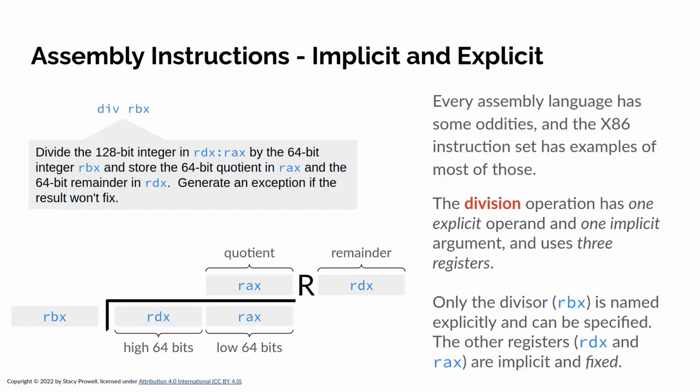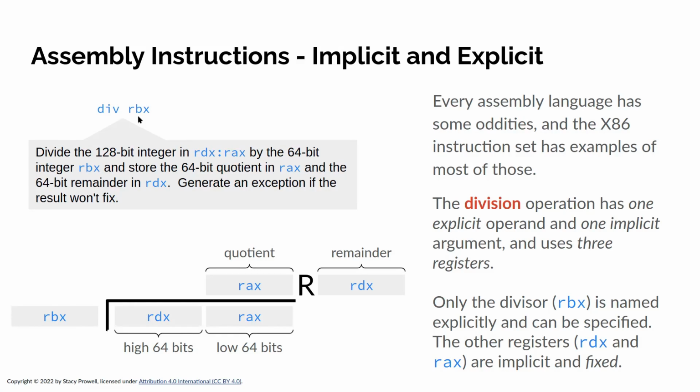All right. Some of them take this to the point of borderline madness. Every assembly language has some weird stuff about it, and x86 has most of the weird things you can have. A good example of this is the division operator. So here's division. I say div RBX.